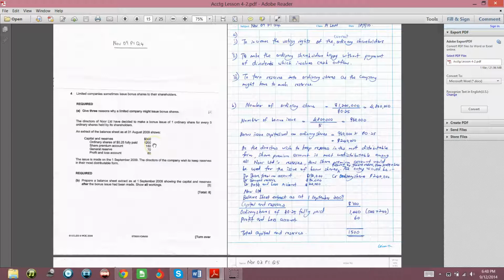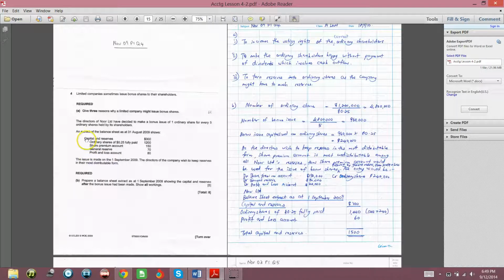So you see 150 plus 70 plus 20 is 240. That's why the profit and loss account is left with 60. This one will go inside here, this one will go inside here, and this 20 will go inside here.